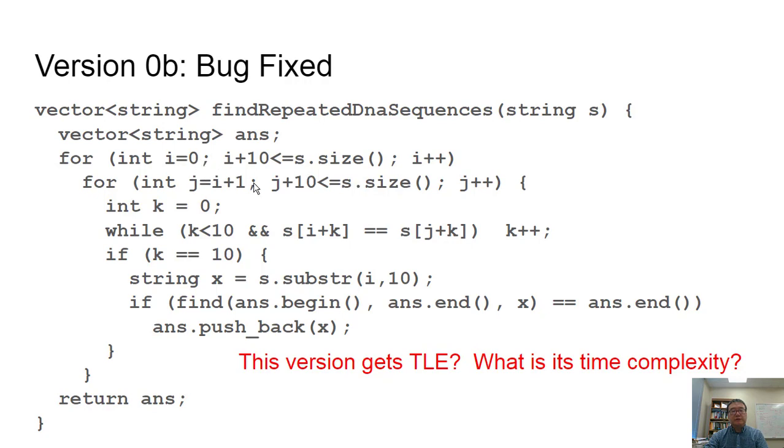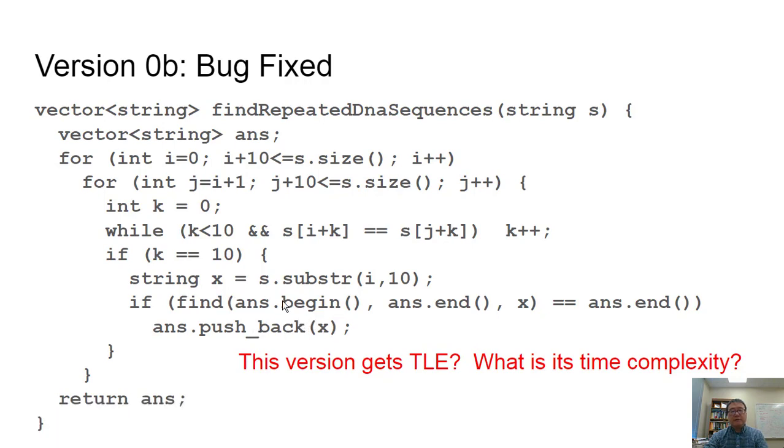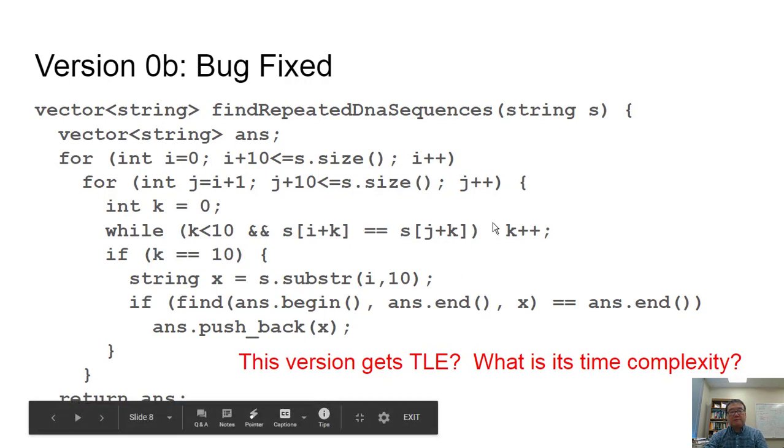So this is implementing that. In the previous version we directly added to the answer, but here we first check whether x exists. We use this find function, which will compare x with each of the values in between, so basically going through the iterators. If it reaches the end, that means it has not found anything that equals it. So then we will add it.